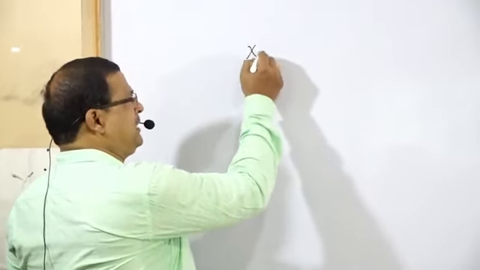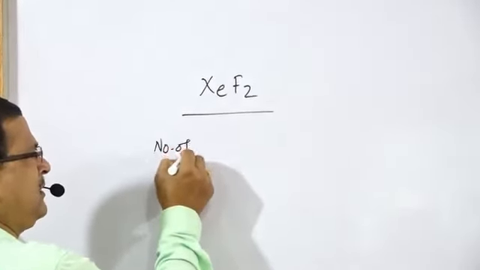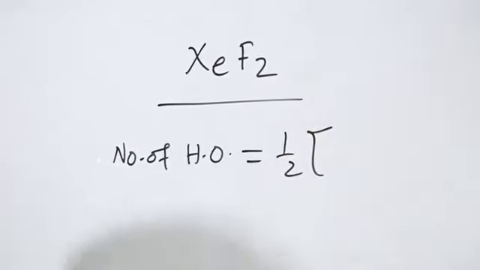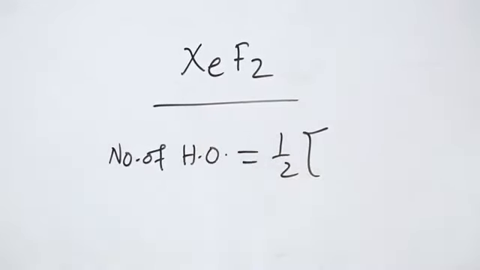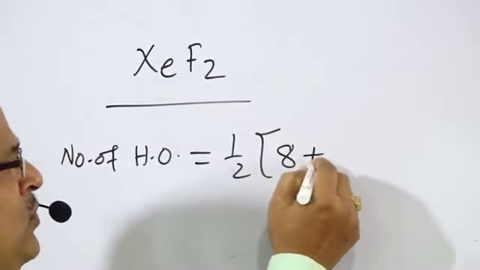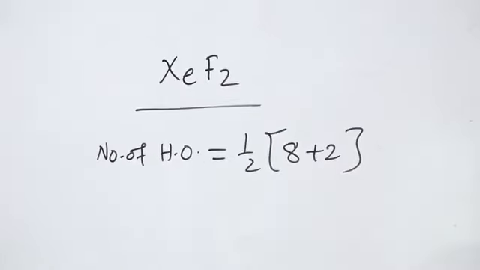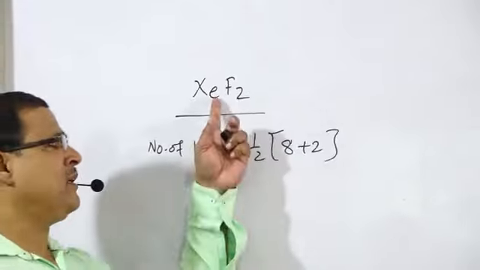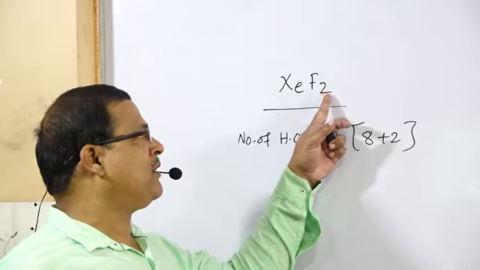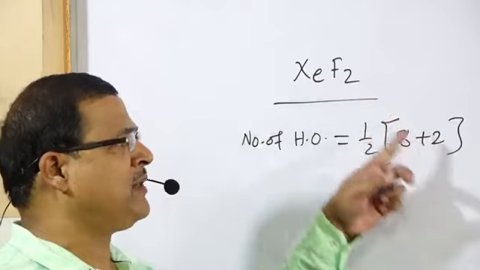For example, XeF2. Number of hybrid orbitals is half of the value of H for xenon, that is 8, the number of electrons in the outermost shell. Number of monovalent atoms is 2. There is no cation and anion, so the values of C and A are 0.